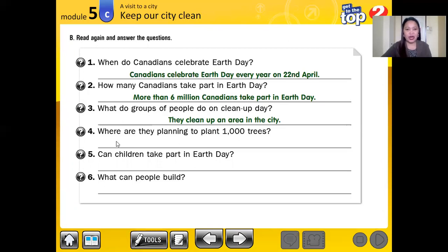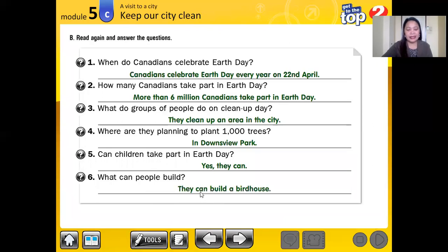Question 4: where are they planning to plant 1,000 trees? In Downsview Park. That's the answer for question 4. Question 5: can children take part in Earth Day? The answer is yes, they can. Question 6: what can people build?